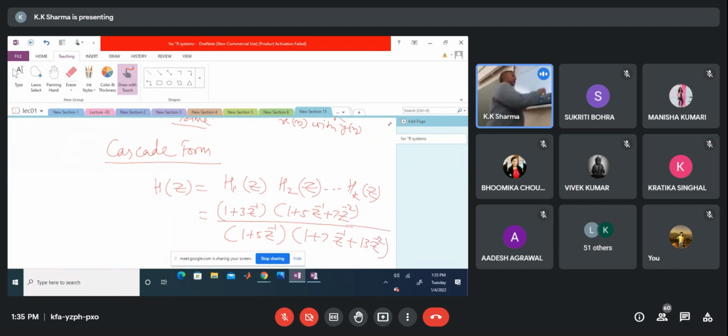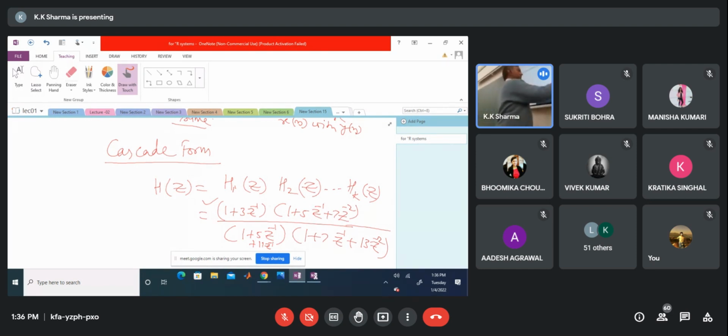So you have factorized the numerator polynomial and the denominator polynomial also. In general they will be, say, second order systems. If it is only a first order term, then you can make some of the a_k and b_k as 0.